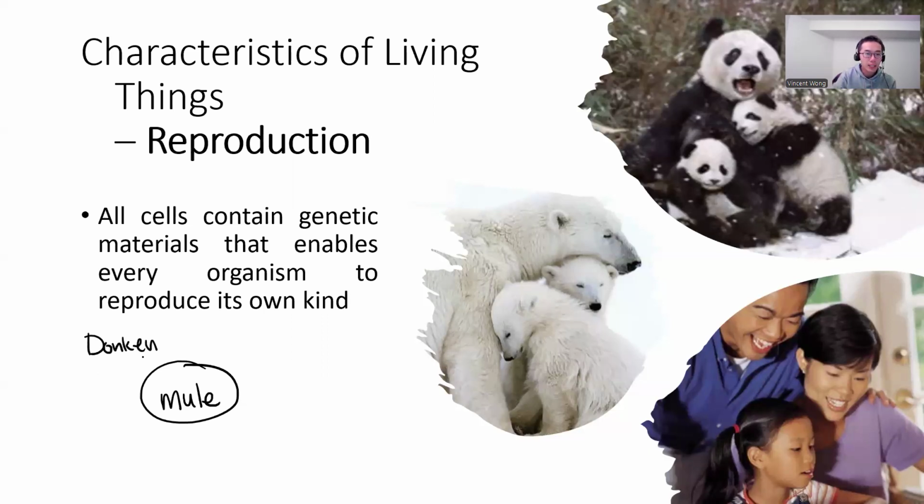If you take a donkey and they mate with a horse, what you end up getting is a mule. Okay? So the mules are actually sterile. You cannot take two mules and make more mules. And the mule is a cross between two different species. They are super strong, apparently, so it's good for carrying loads and for farming purposes, but it's not really a species on its own. Okay, so naturally, living things are able to reproduce their own kind.